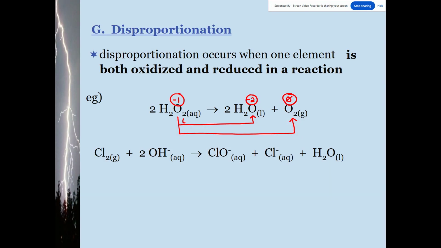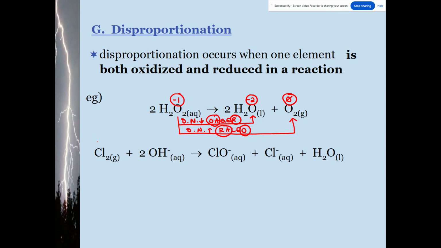Where the oxidation number goes down, that is my reduction. When the oxidation number goes up, that is my oxidation. Okay, oxidation and reduction processes. So that means the hydrogen peroxide, sorry, is acting as both the OA and the RA of the reaction. That's what disproportionation means.